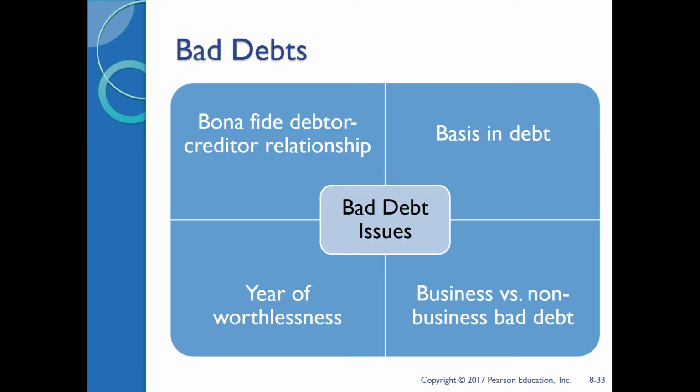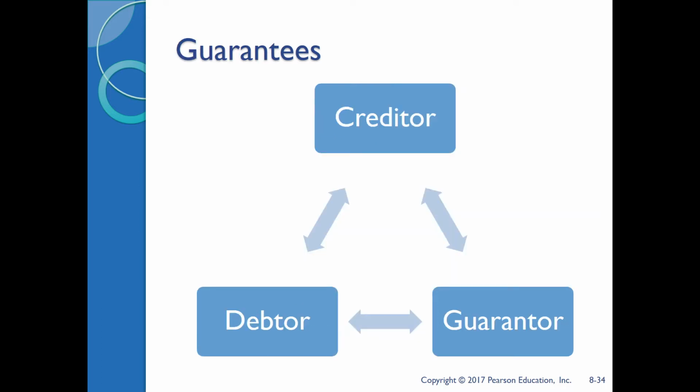Bad debts. So bad debts are losses if and only if there's a bona fide debtor-creditor relationship, the taxpayer has a basis in the debt, and it is taken in the year of worthlessness. Business versus non-business bad debt is treated differently.